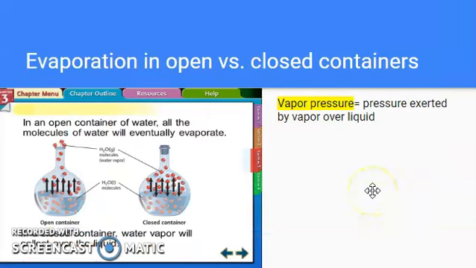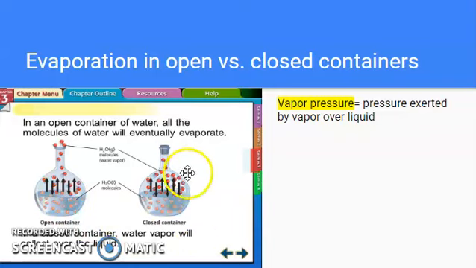Let's go back to evaporation. Again, we're doing a versus kind of thing: evaporation, open versus closed containers. As you can see in this picture, this is an open container with water evaporating, and this is a closed container with a little flat stopper on the top so that the water vapor does not escape the container. In the open container, all of the molecules of water will eventually evaporate out into the air.